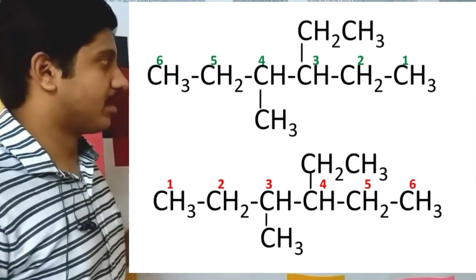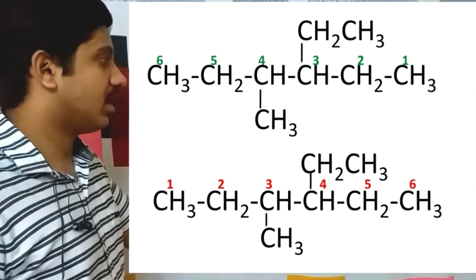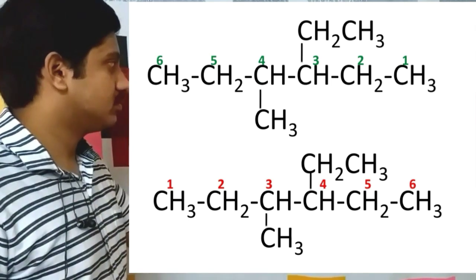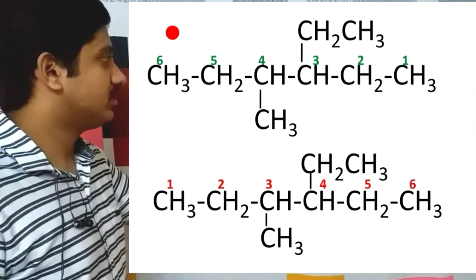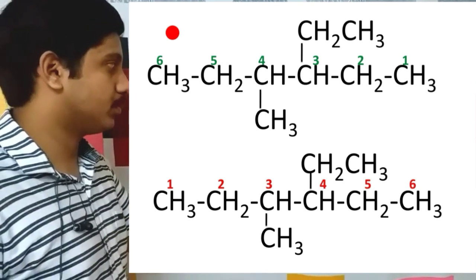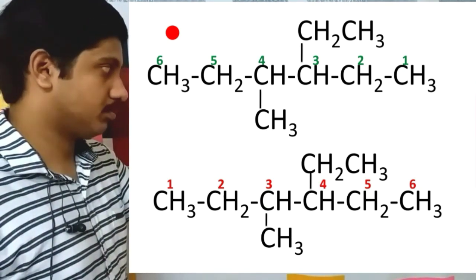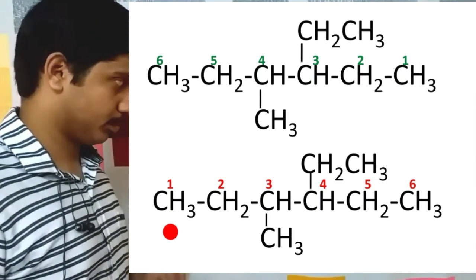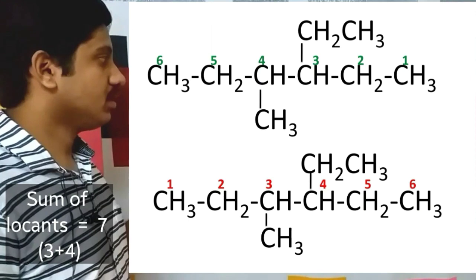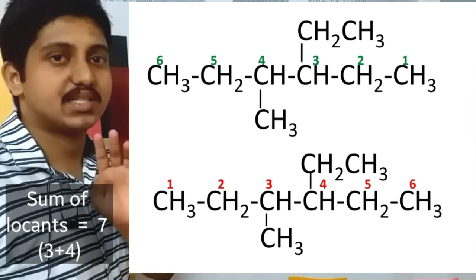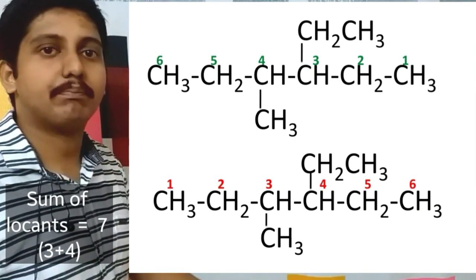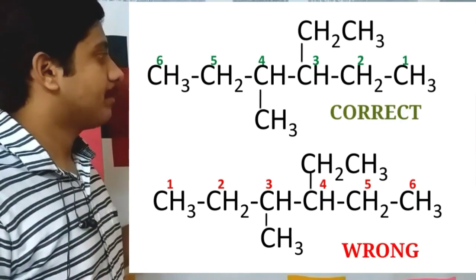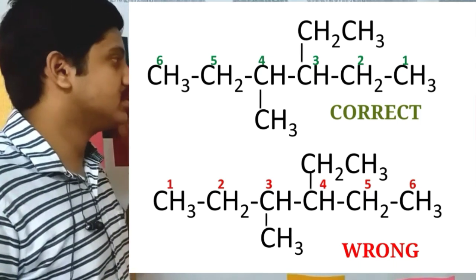But there are 2 ways of numbering, and in both ways the sum is 7. That is, in one the ethyl group comes at the 3rd position and methyl at the 4th position, while in the other methyl is at the 3rd position and ethyl at the 4th position. But both the locant sums are 7, and hence the lowest number should be given according to alphabetical order, and hence ethyl comes first, and this one is correct.